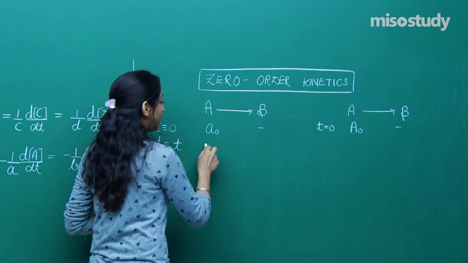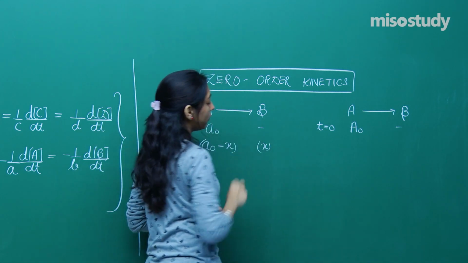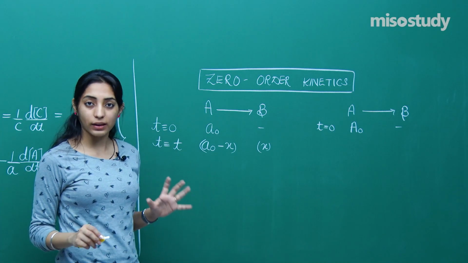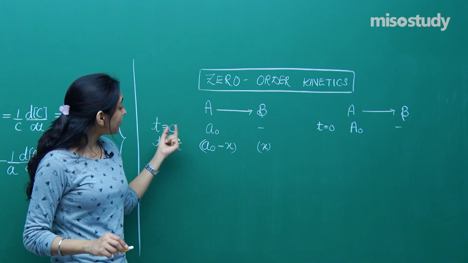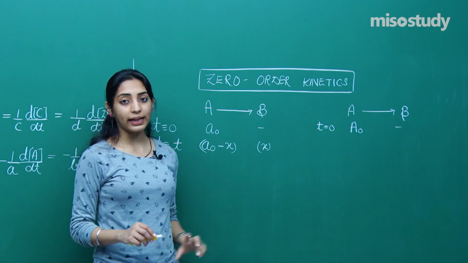So A will be left out as A naught minus X, and how much B will be formed? X, okay? So at t is equal to 0, this is A naught, this is nothing. At t is equal to T, this is A naught minus X, and this is X.